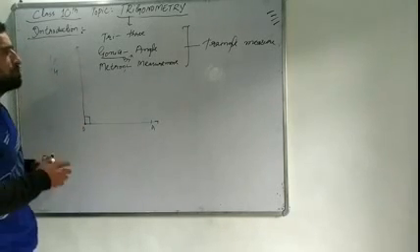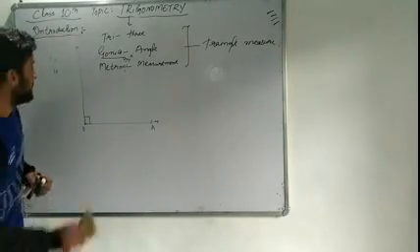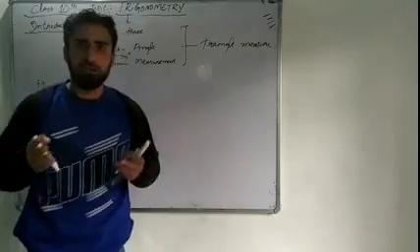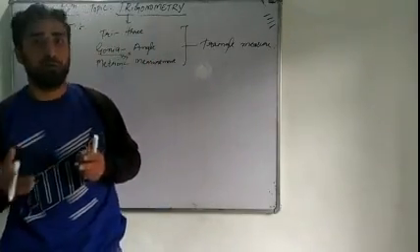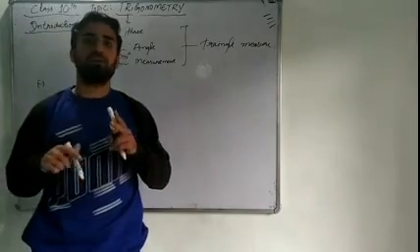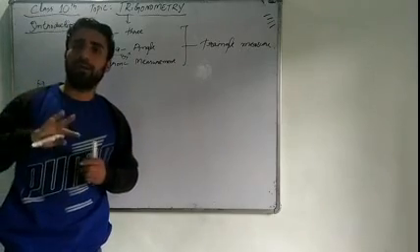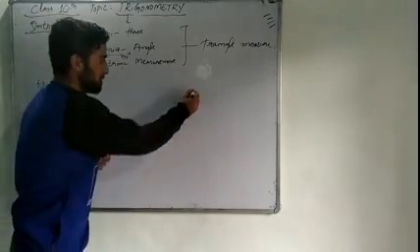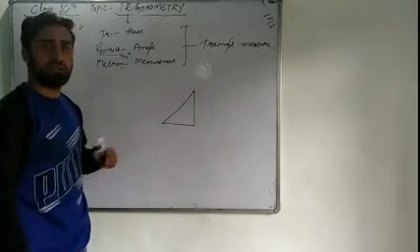So we have to deal with right triangles. So in this chapter, we will study the ratios of the sides of a right triangle with respect to its acute angles. Now ratio simply means the comparison of two similar quantities. We have to study some ratios of the sides of a right triangle with respect to its acute angles.